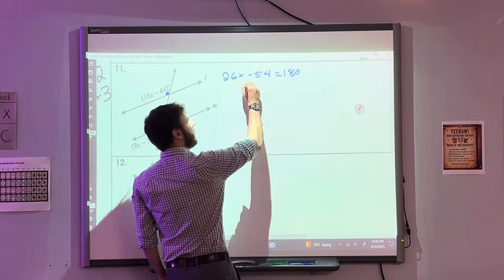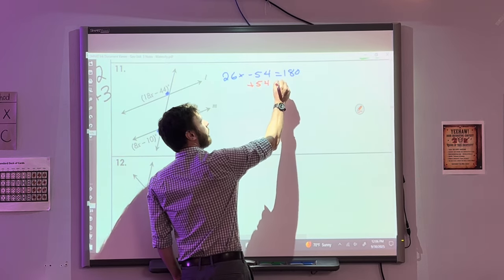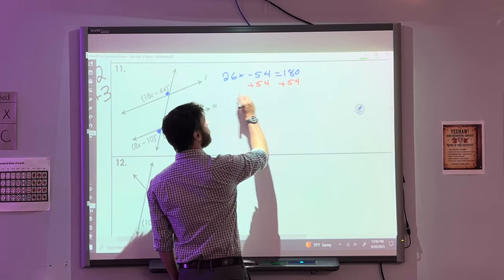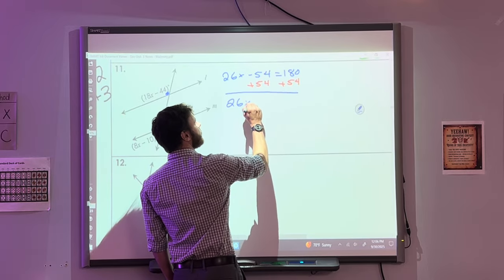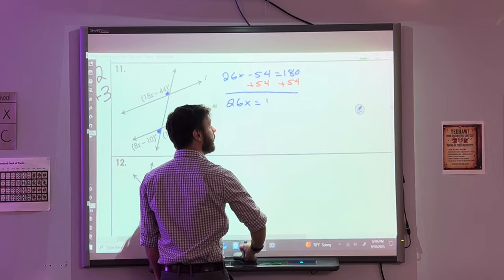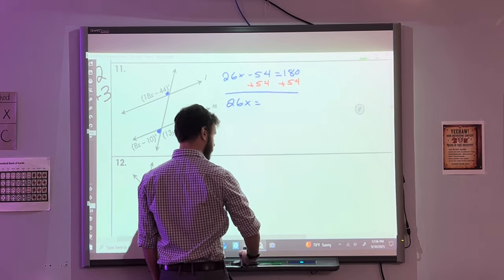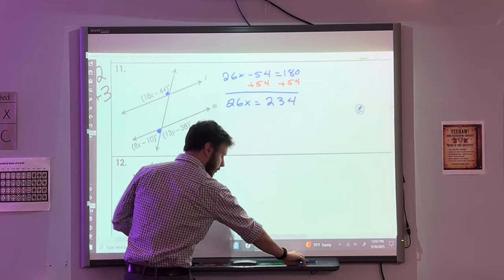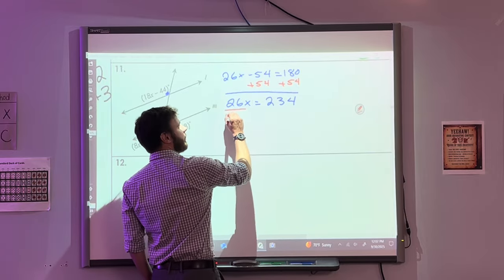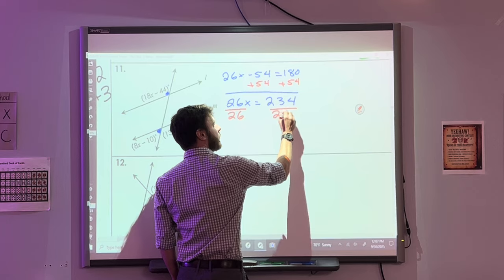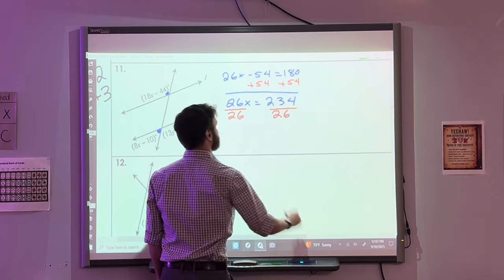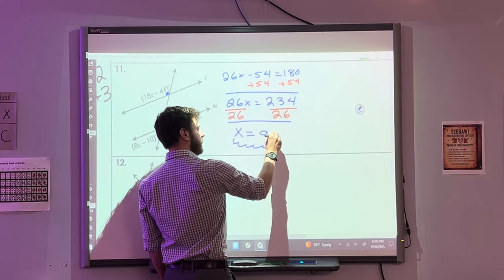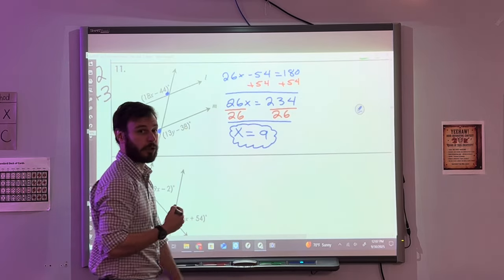And it just makes us a little 2-step equation to solve for x right now. Oh, that's a 2. 234. Divide by the 26, and I believe the answer is 9. At least that's what I'm going to go with.